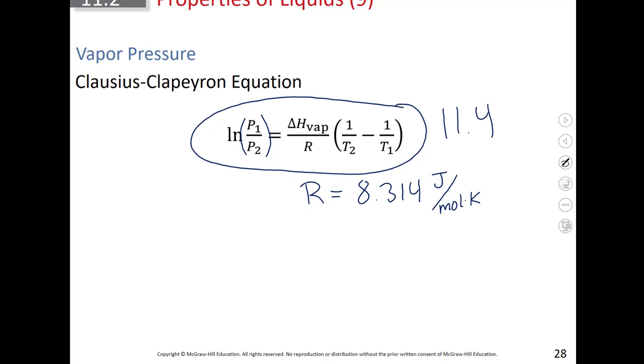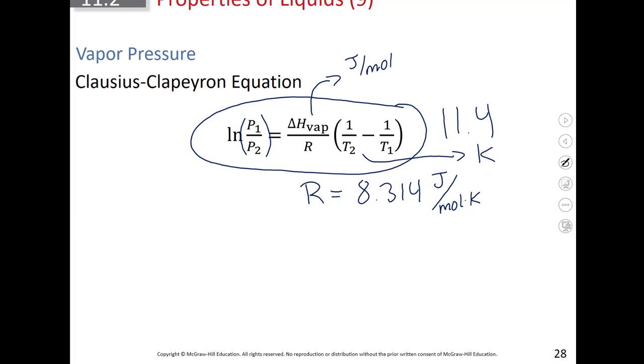So looking at that unit here, for R, that means that we need our delta H to be in what units? Joules, not per Kelvin, but joules per mole. So we need that in joules per mole. And we need these temperatures here to be in what unit? Kelvin. Good.